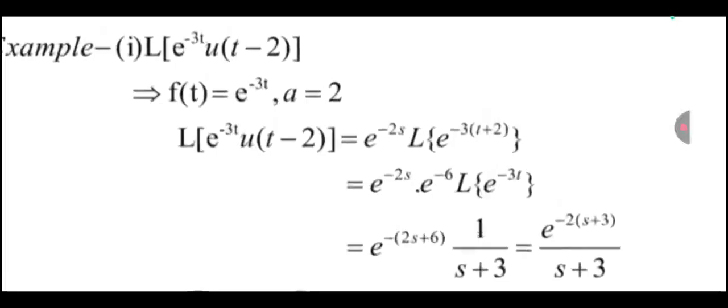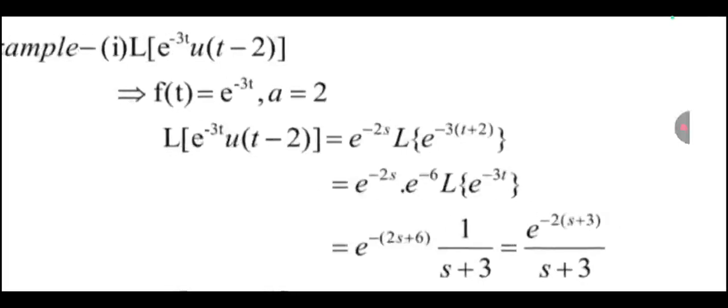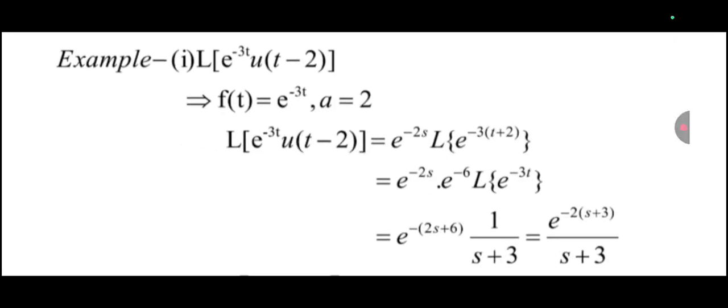We know the formula for L of e power minus 3t, that is 1 by s plus 3. So e power minus 2s into e power minus 6 can be written as e power minus of 2s plus 6 into 1 by s plus 3. When you simplify this one, we have e power minus 2 into s plus 3 divided by s plus 3.